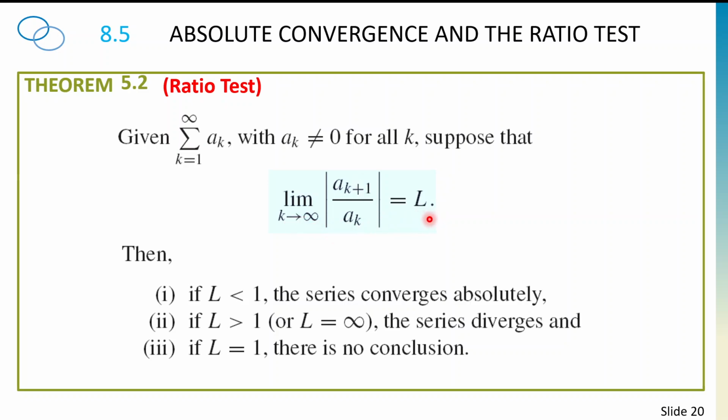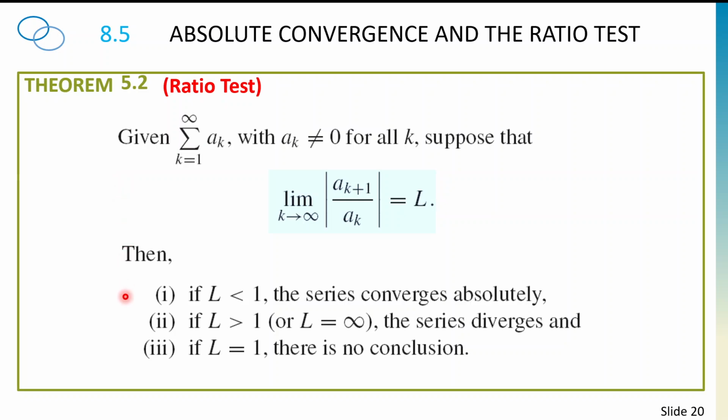If the limit exists and equals L, then if L is less than 1, this series is absolutely convergent. So the ratio test always gives the strong result. If L is greater than 1, including infinity, we say it diverges. If L equals 1 exactly, it gives no conclusion. That's when you need to try another test.